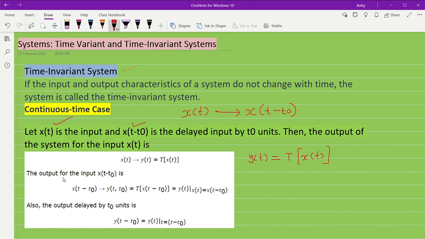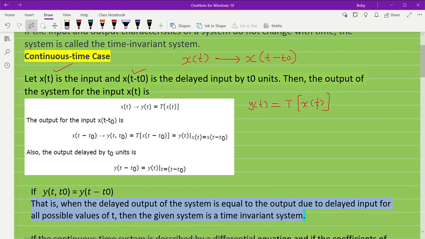So we can see the output for the input x of t minus t0, which is the delayed input. When we give input x of t, the output we get is y of t. Similarly, when we give the delayed signal x of t minus t0 as input, its output is represented by y of t comma t0.